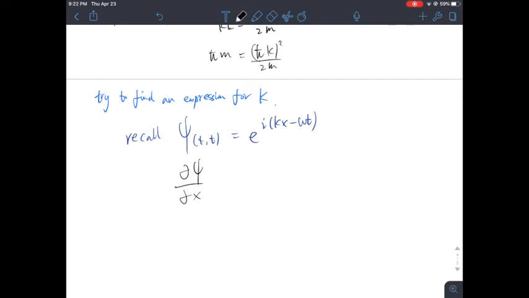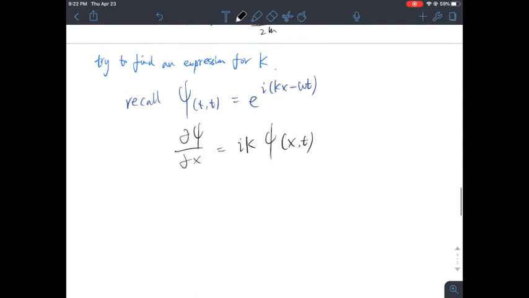We take the derivative of psi over x, because we're solving for the spatial constant, so we differentiate with respect to space x. Then we have i times k times the original psi equation, because it's e to a power, so it doesn't change, and by the chain rule we just move the inside term out.